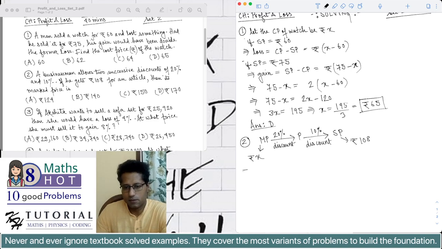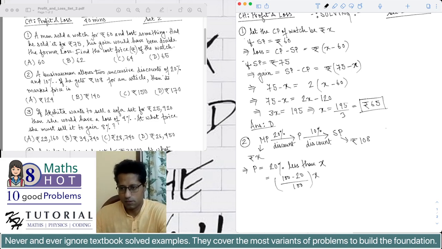This implies that the reduced price P after applying a 20% discount on the mark price x will be 20% less than x. I am ignoring the currency unit rupee symbol. I hope you will understand. Now 20% less than x means 100 minus 20 divided by 100 multiplied by x.